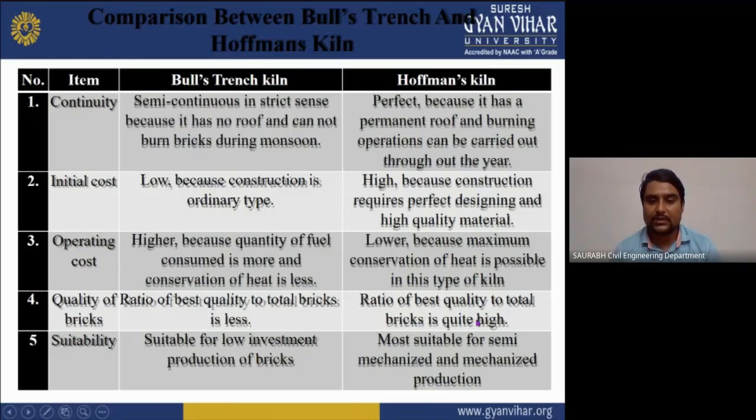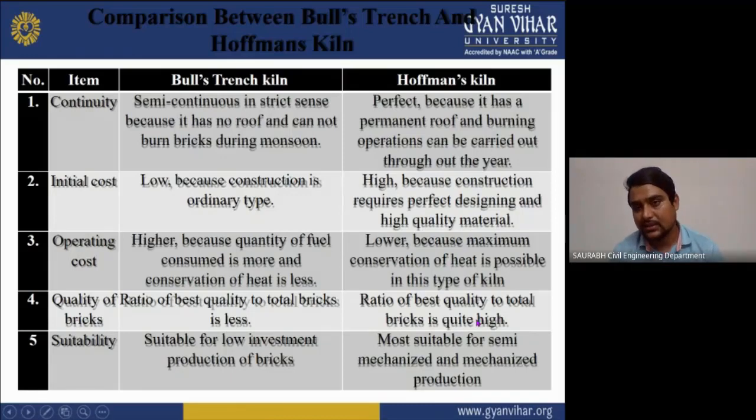In Bull's trench kiln the ratio of best quality to total brick is less. Here, the ratio of best quality to total brick is quite high. Now we will see the suitability. Bull's trench kiln is suitable for low investment production of bricks, and Hoffman's kiln is most suitable for semi-mechanized and mechanized production.